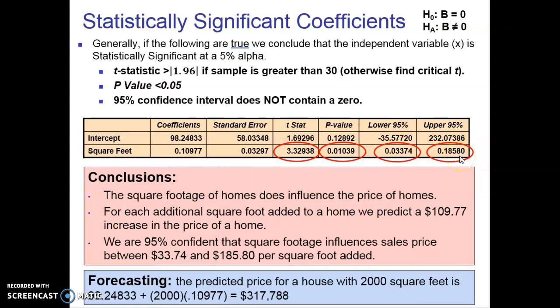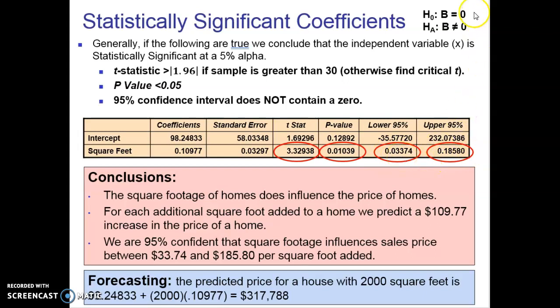Okay? And that, as long as there's no 0 in there, implies statistical significance. If, based on our sample, we believe that the true population coefficient on square feet is 0.03 to 0.18, then we believe that it is not 0, because there is no 0 in between here.